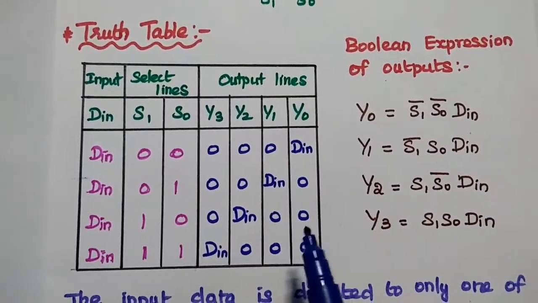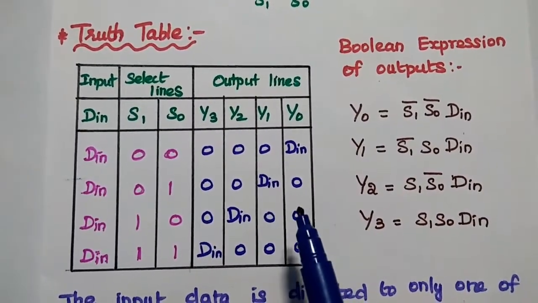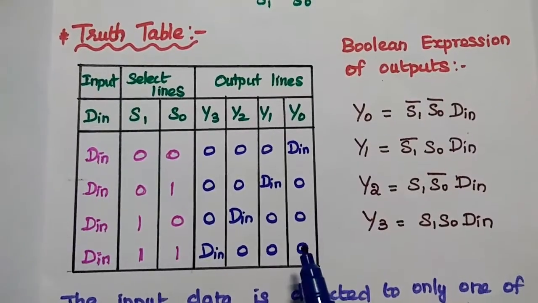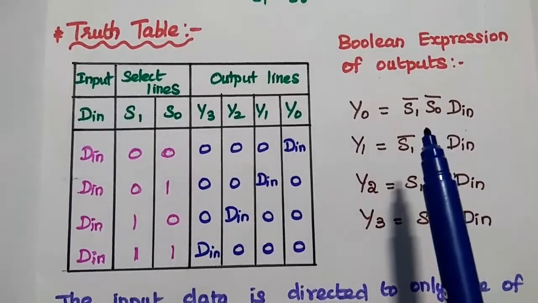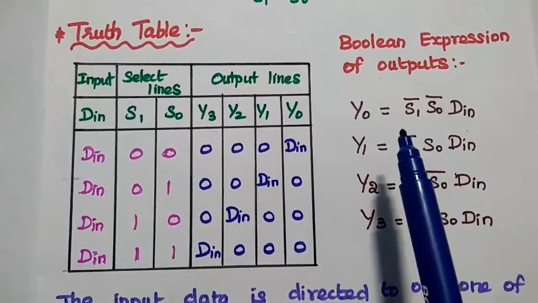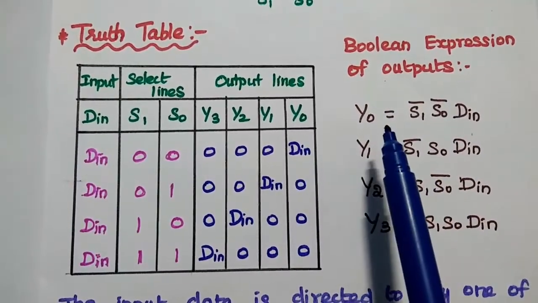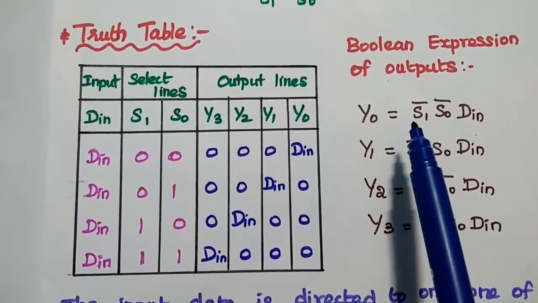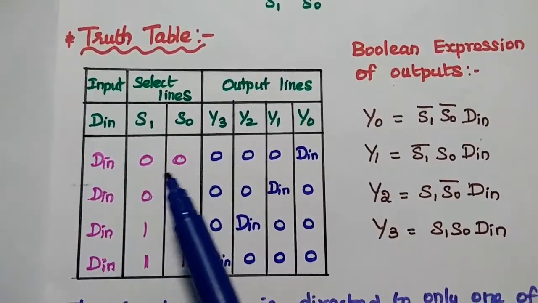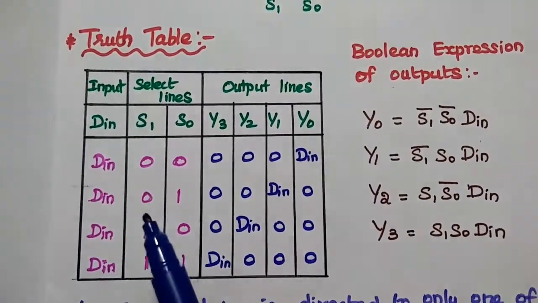Next, we are going to find the Boolean expression for each output value. Y0 is obtained whenever both S1 and S0 are low.